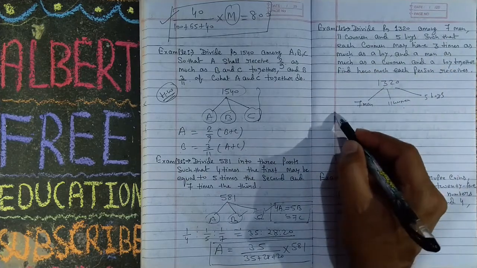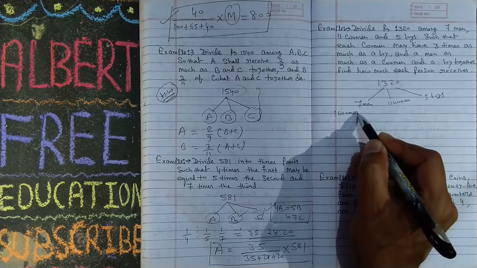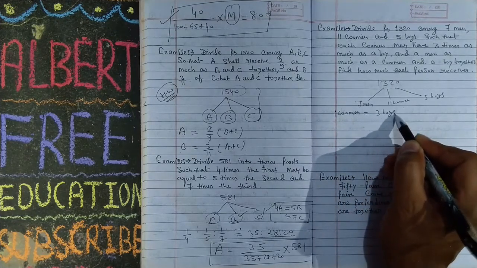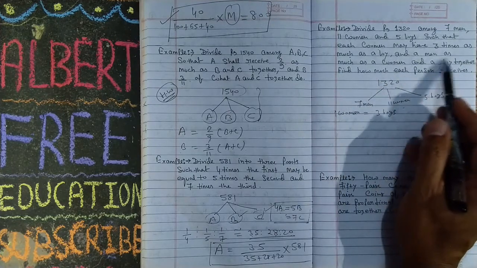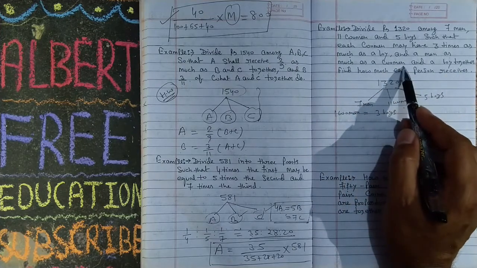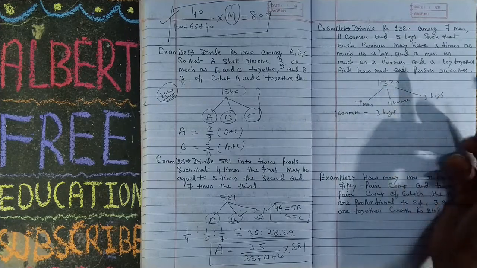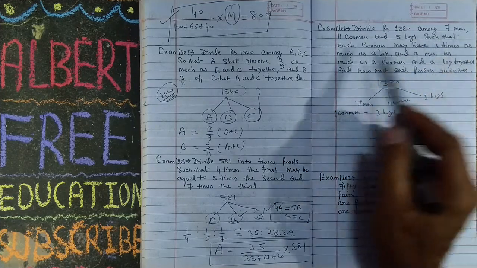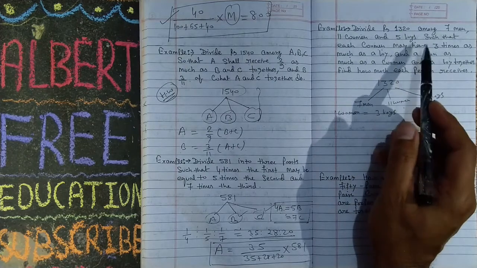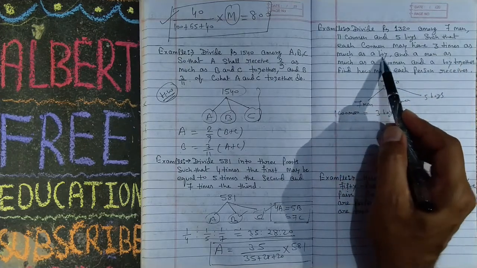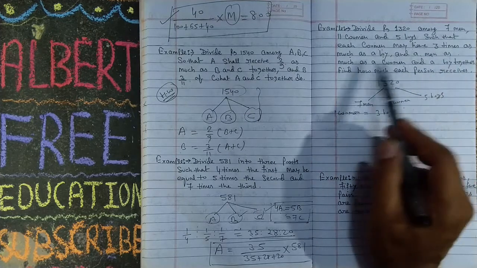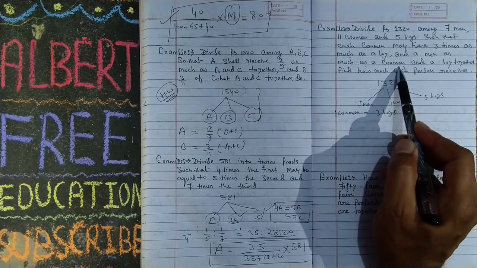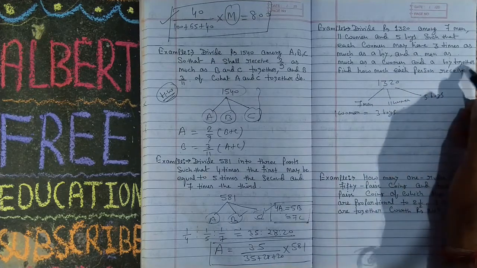Each woman, that is, 1 woman is equal to 3 boys, and a man as much as a woman and a boy together.